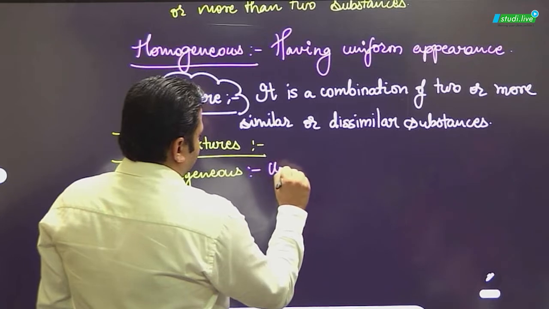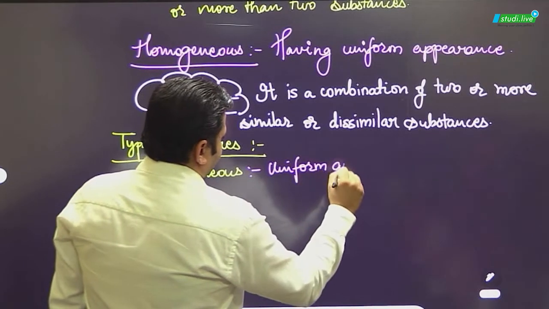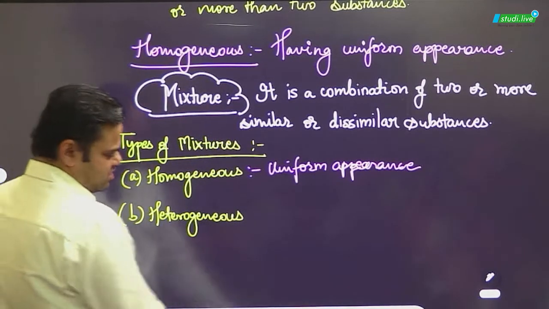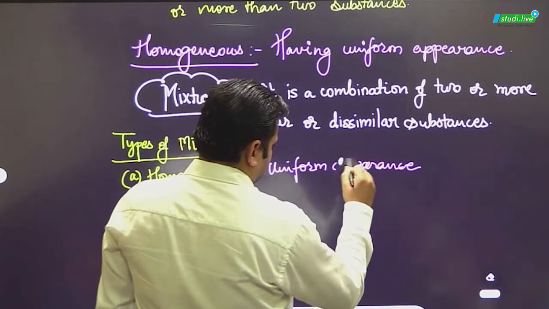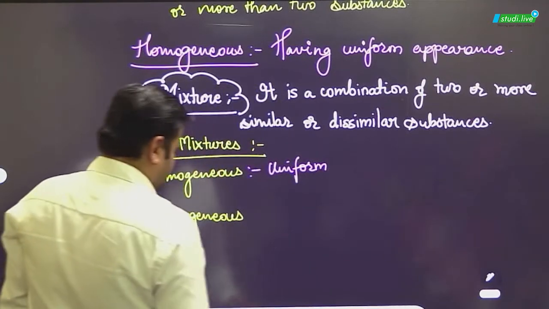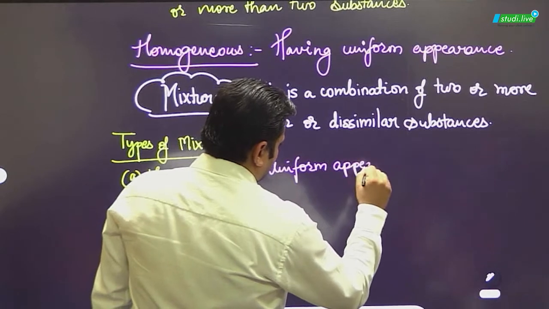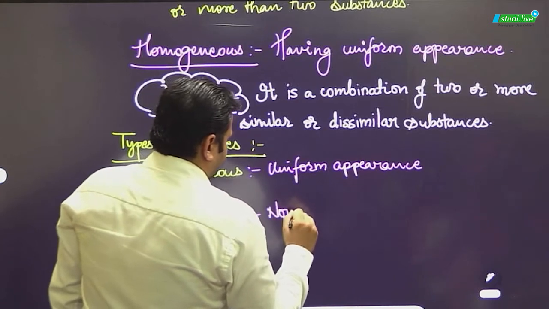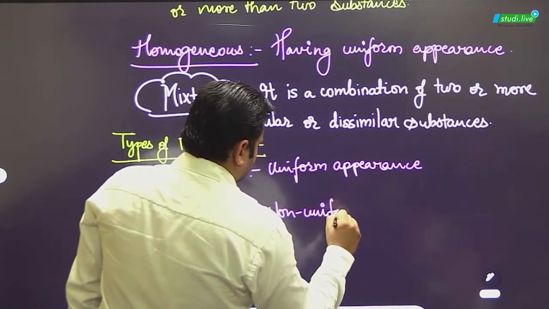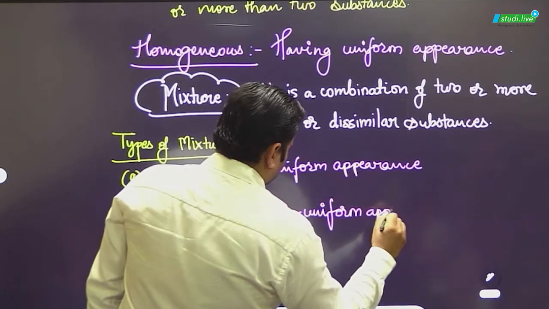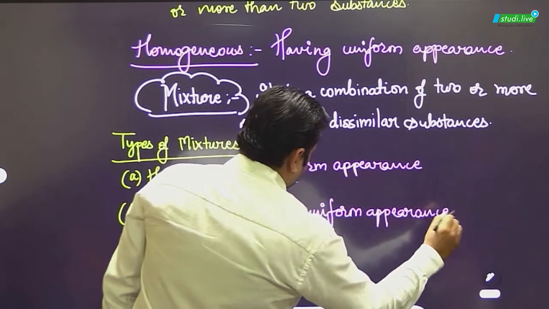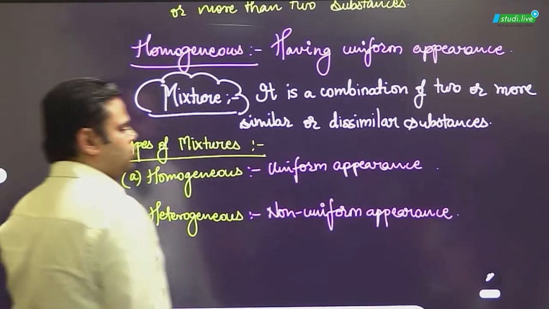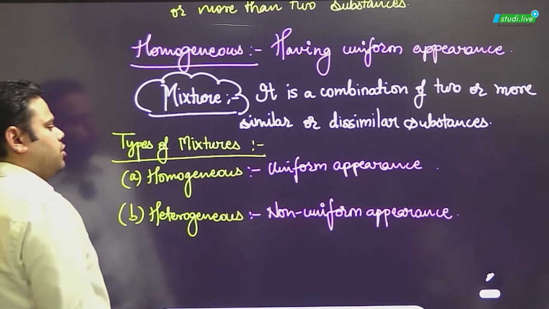Homogeneous means uniform appearance, heterogeneous means non-uniform appearance.